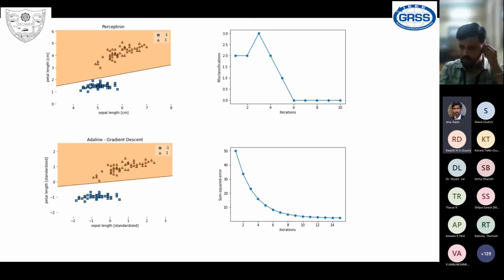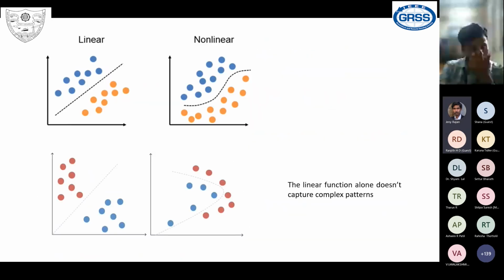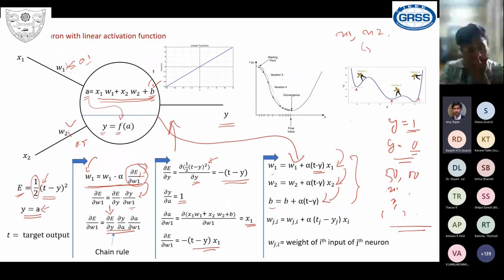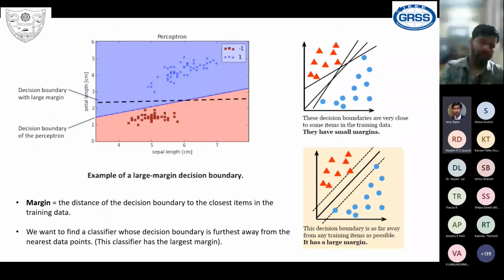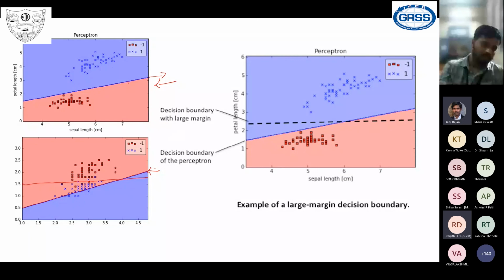But one difference is that in the case of Adaline, the margin is large when compared to perceptron. This is what we discussed about margin, right? Adaline will come up with a better margin when compared to perceptron.